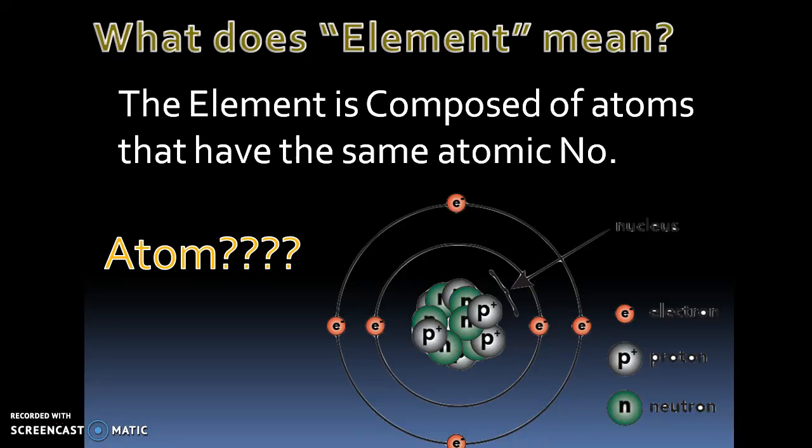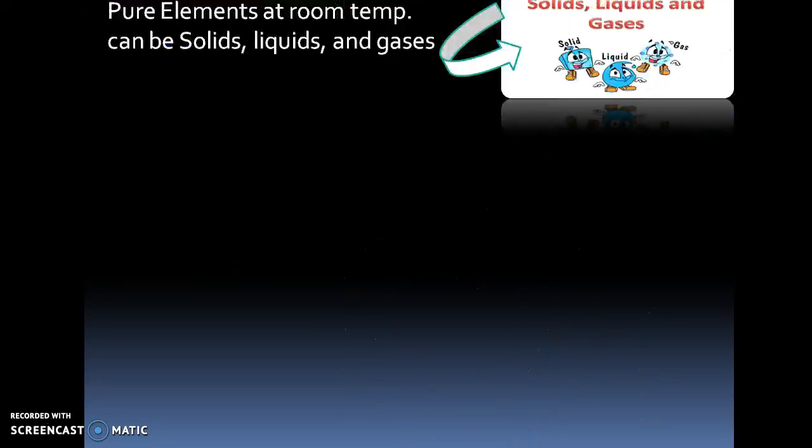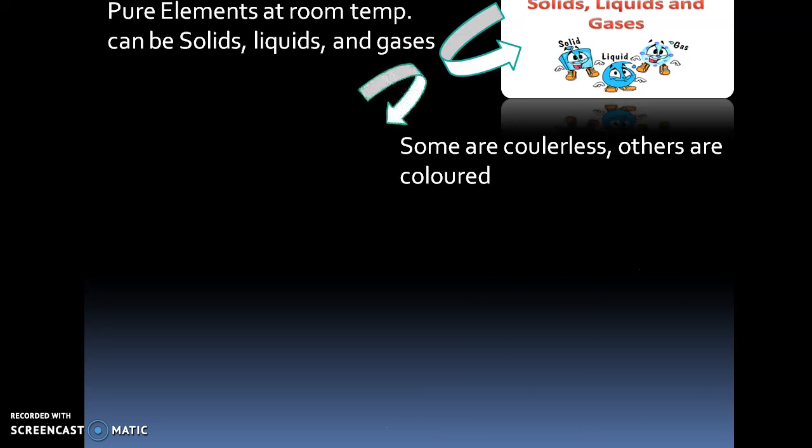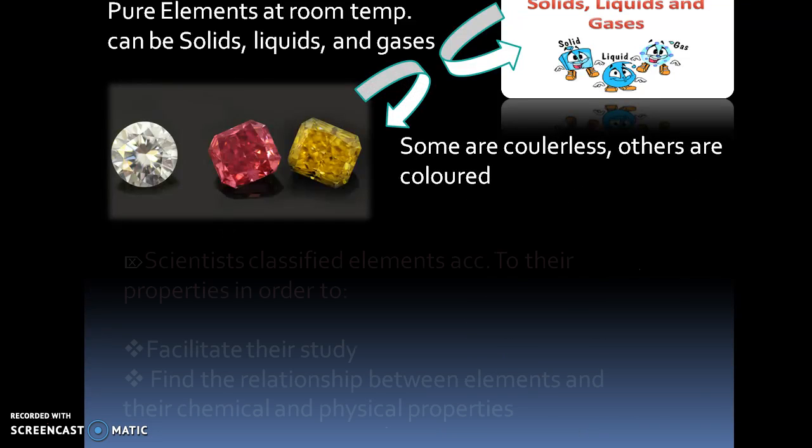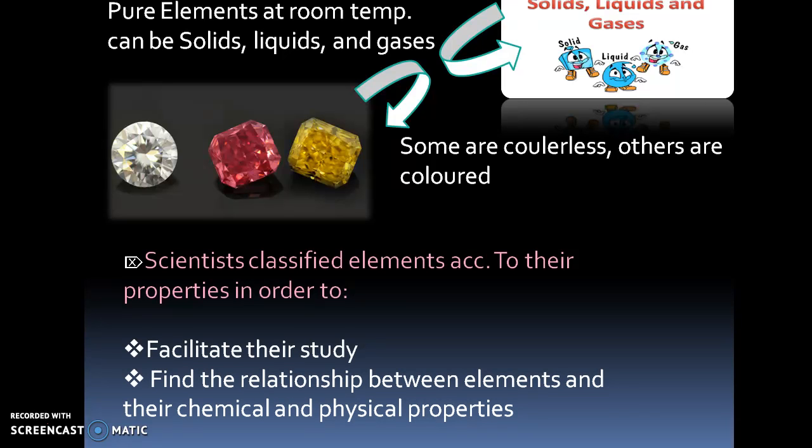So we can notice that everything around us can be classified. And we find that pure elements at room temperature can be solids, liquids, and gases.